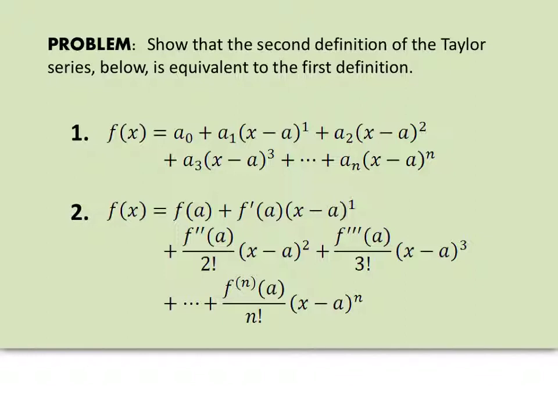However, if you want to approximate a function, you should use this second definition. That's because if you already know the mathematical equation for the function, you can use the derivatives in order to find your Taylor series. Show that this second definition for the Taylor series is completely equivalent to the first definition.